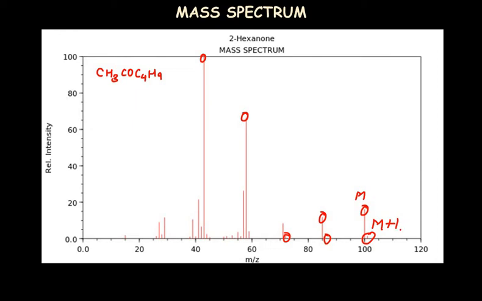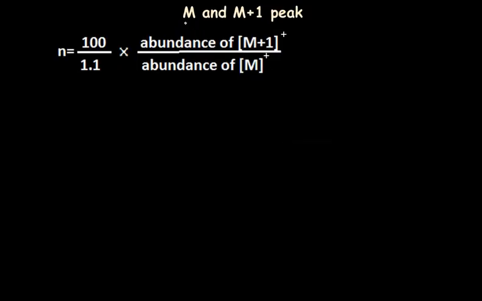Let's understand that. Now we can use the presence of M and M+1 peaks to find out the number of carbon atoms present in an organic compound. So here is a formula, where N is the number of carbon atoms present in an organic compound.